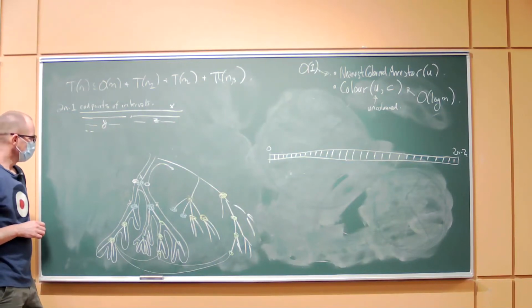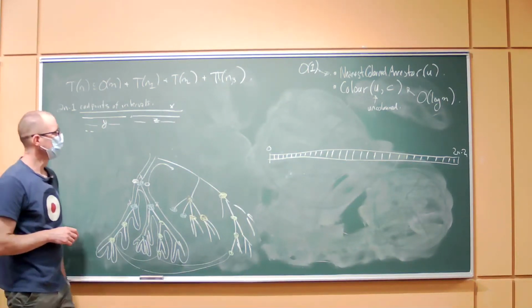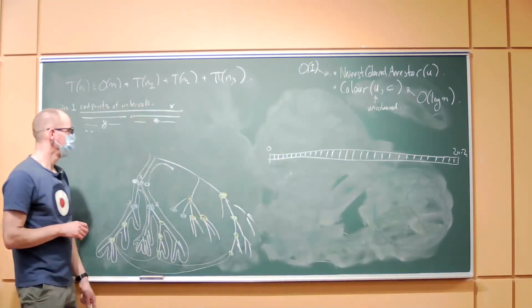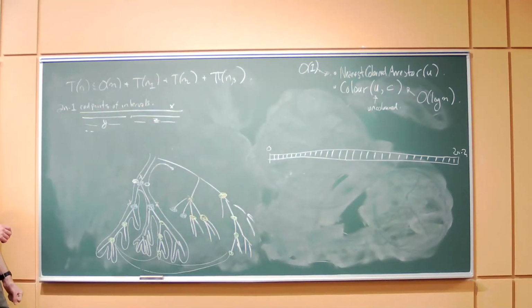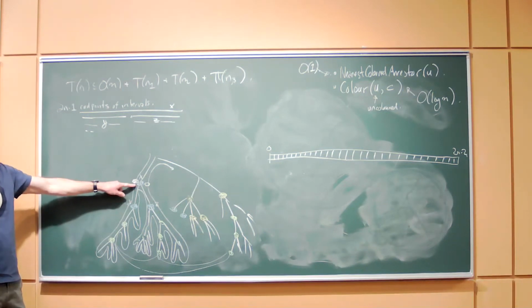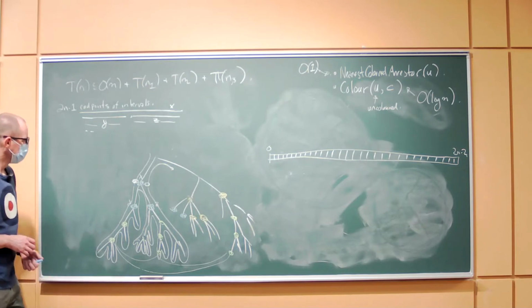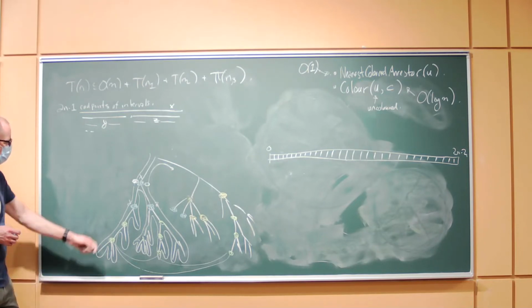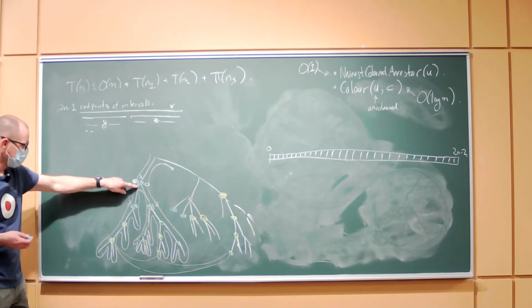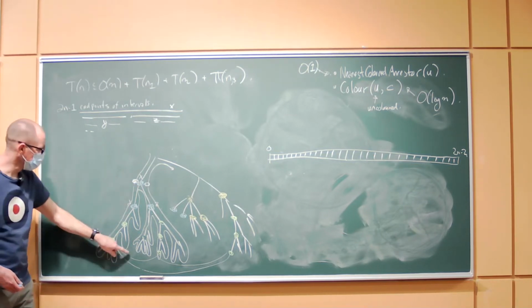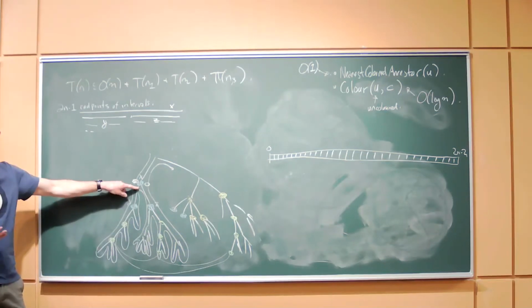And what does it mean to color a node? Well, a node has an interval. So when I color a node, what I would like is that each of its children should get that color.